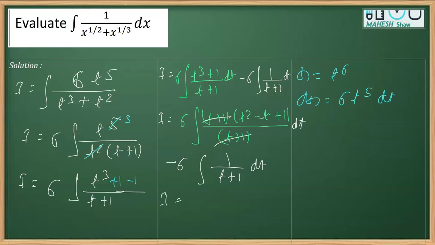So now I is equal to, I'm finding the integration of this. The integration of t raised to the power 2 is t raised to the power 3 divided by 3, minus t raised to the power 2 divided by 2, and plus t for this part.